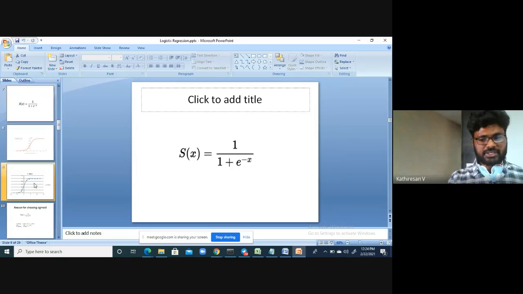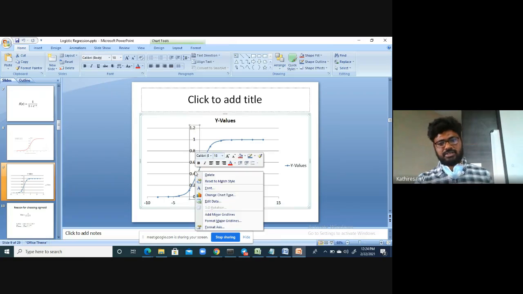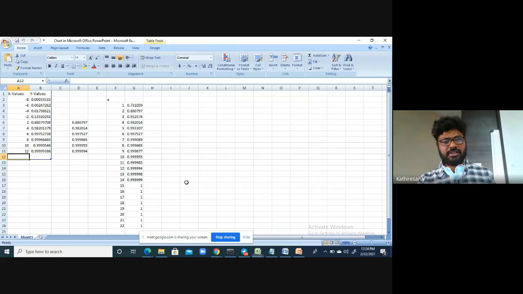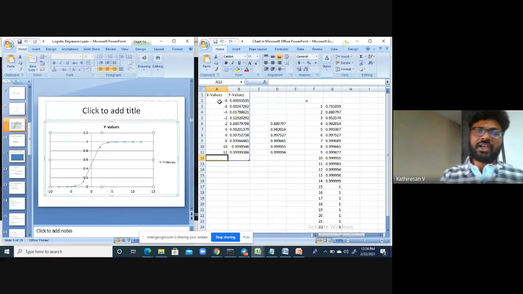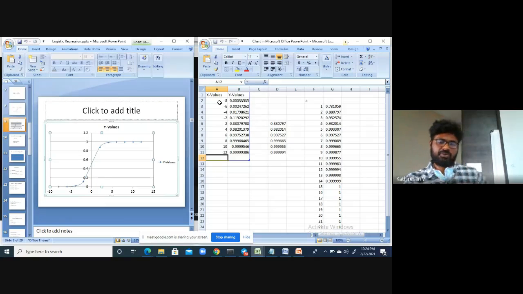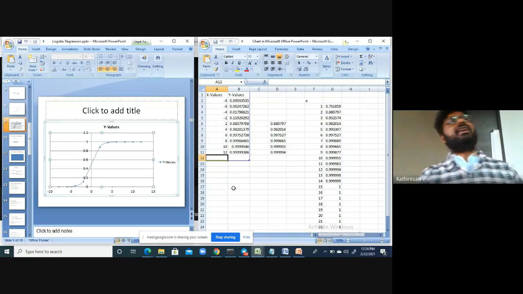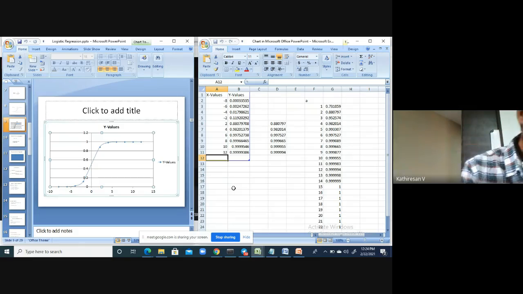Take an Excel sheet and put any value for x: -8, -6, -4, -2, 2, 4, 6, 8, 10, 12, whatever the value may be.